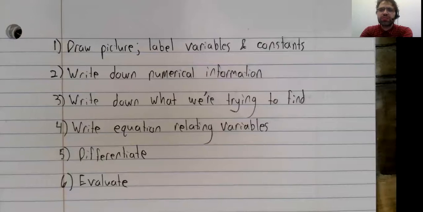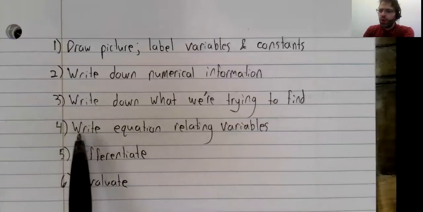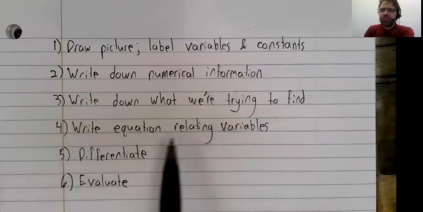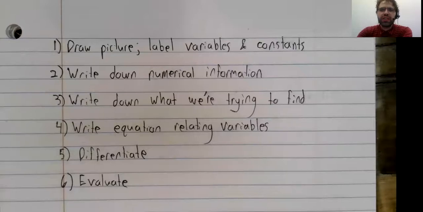That being said, the textbook does recommend, and I agree with this, that we should try to follow a set process. Draw a picture, label everything that seems like it might be important, write down the numerical information, write down what we're trying to find. Four is always the tricky one. Write an equation relating the variables.